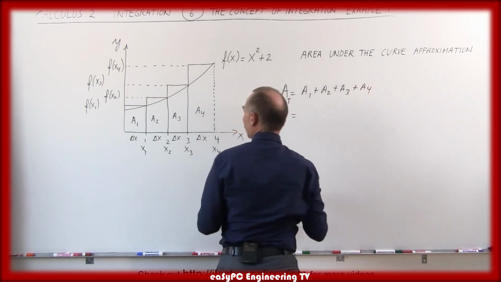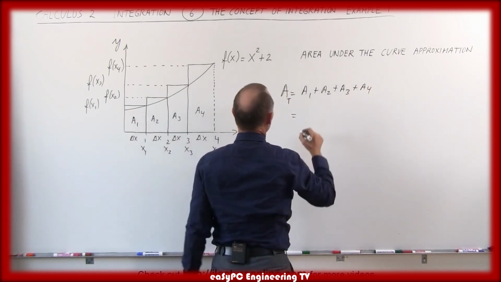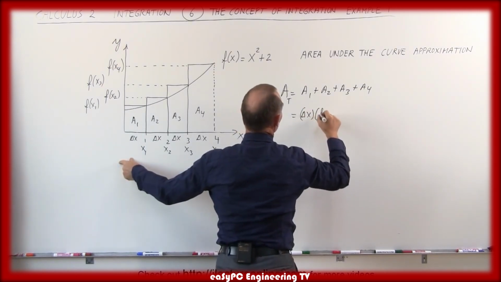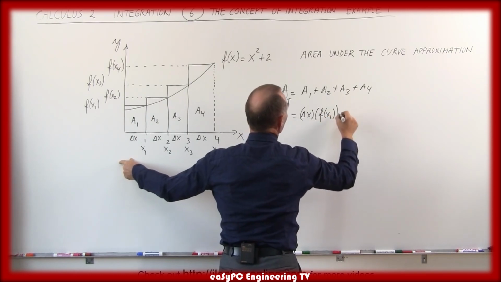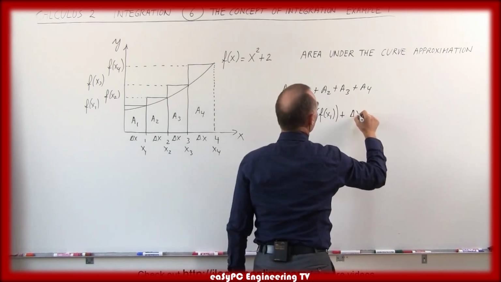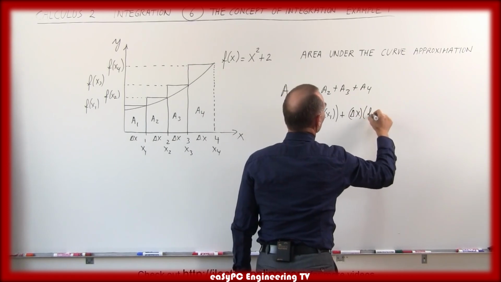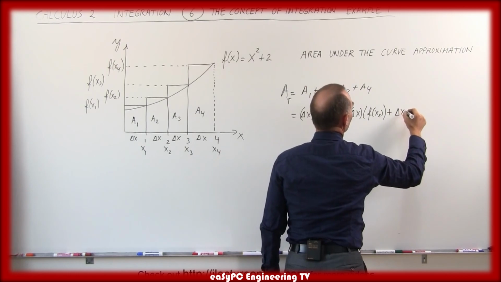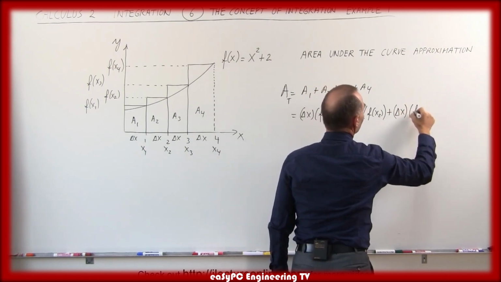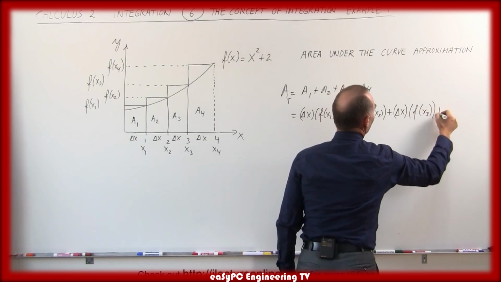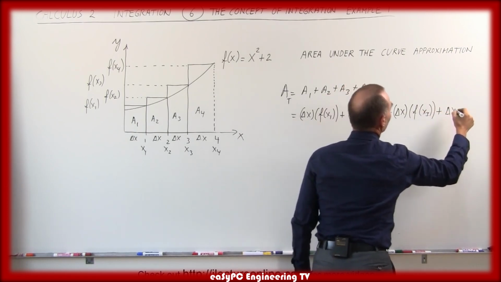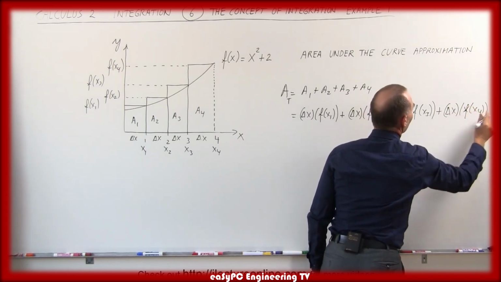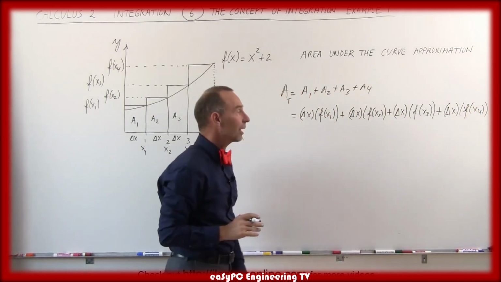So that would be equal to the area of the first rectangle, which is the width, delta x, times the height, which is the function evaluated at x sub 1, plus the width of the second one, delta x, times the function evaluated at x sub 2, plus the width, delta x, times the function evaluated at x sub 3, and the width of the fourth rectangle times the function evaluated at x sub 4. In each case, those represent the height of each of the rectangles.